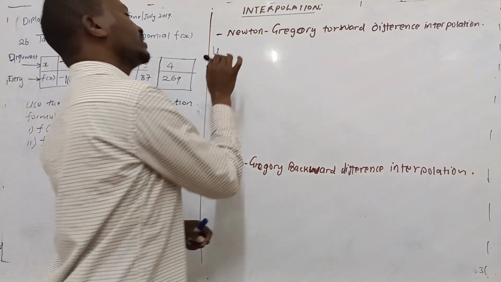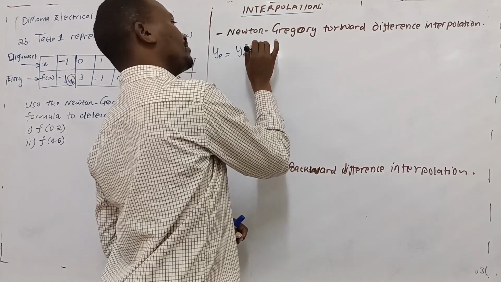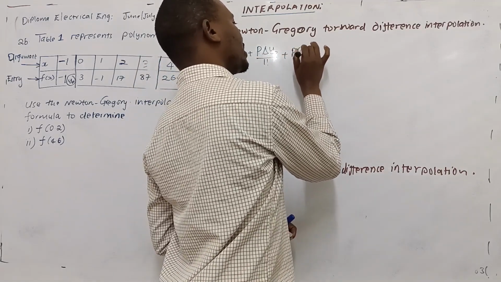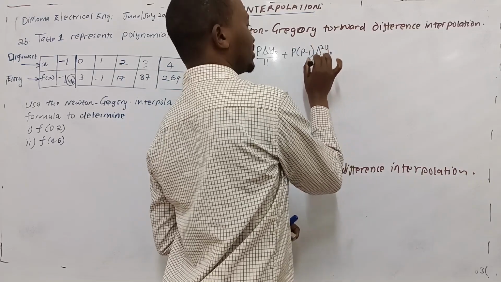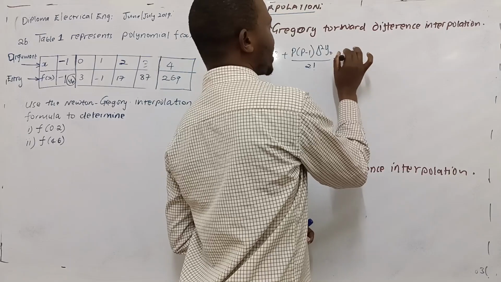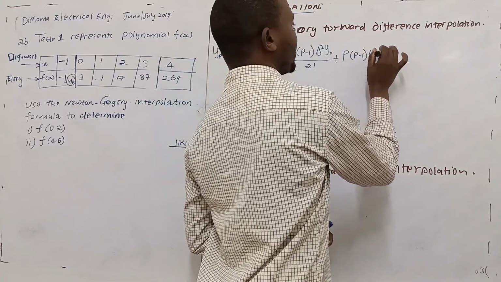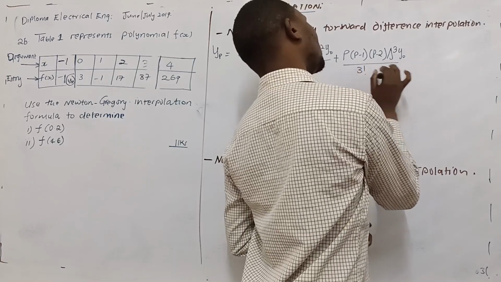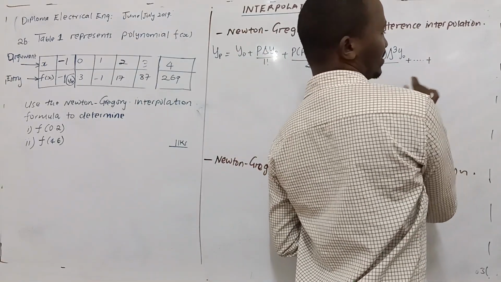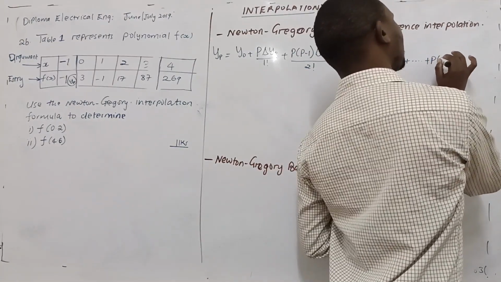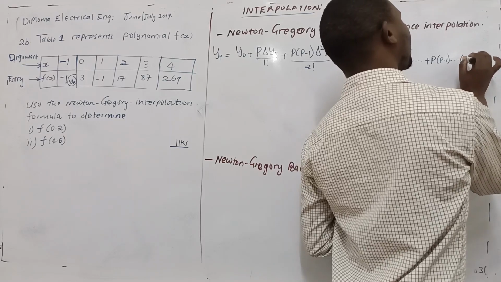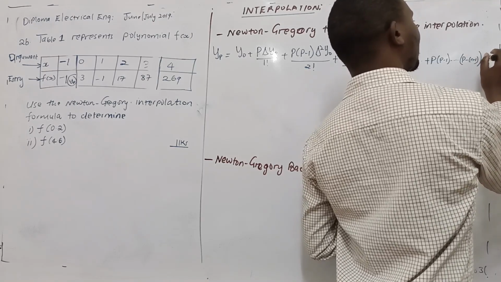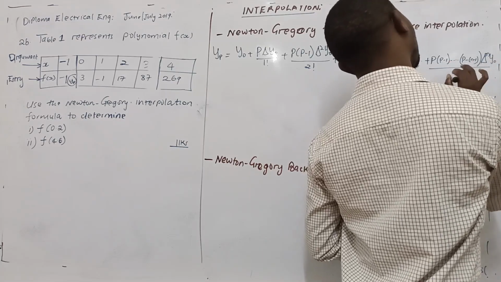Whatever you want to find is Y0 plus P times the first difference of Y0 over 1 factorial, plus P(P minus 1) times the second difference of Y0 over 2 factorial, plus P(P minus 1)(P minus 2) times the third difference of Y0 over 3 factorial, plus, the formula continues, up to P(P minus 1) all the way to (P minus N plus 1) times the Nth difference of Y0 all over N factorial.